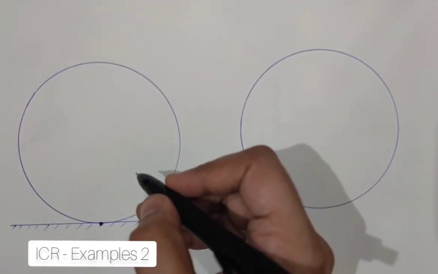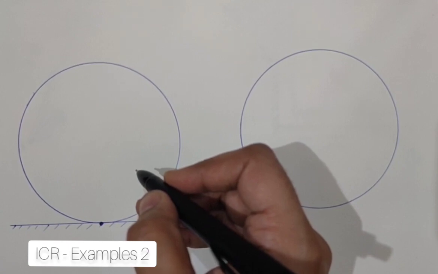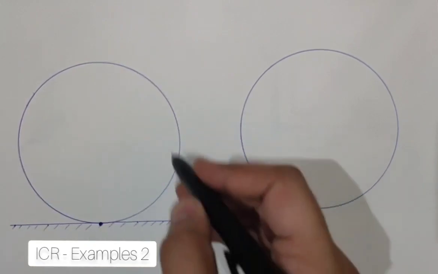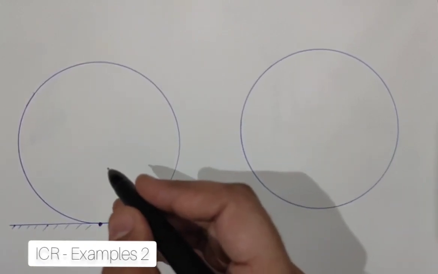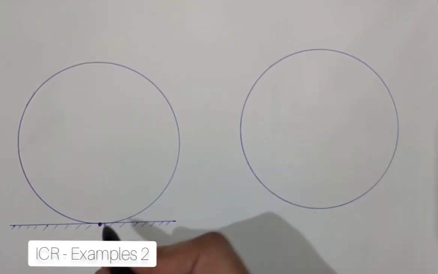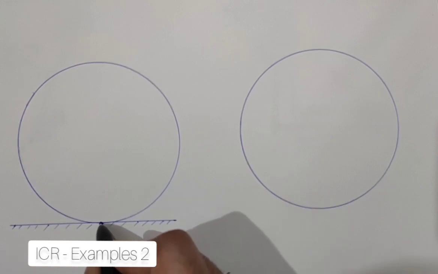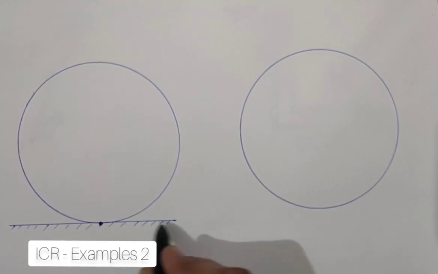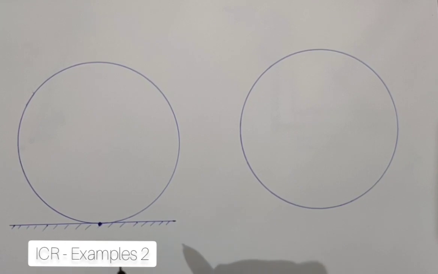Now, if I want to find out the velocities at any given point in this roller, I have to locate first of all the ICR. So for me this particular roller will have the ICR over here. Why? Because the roller is completely at a steady position with respect to the horizontal surface.